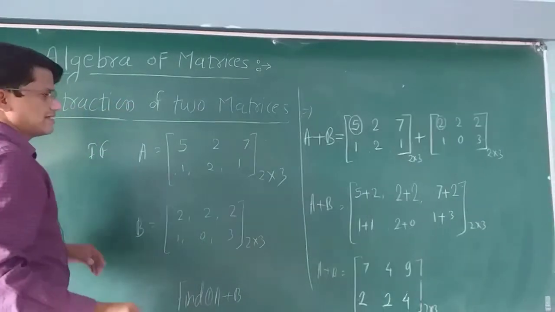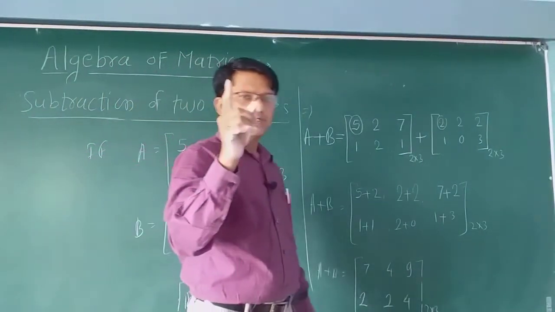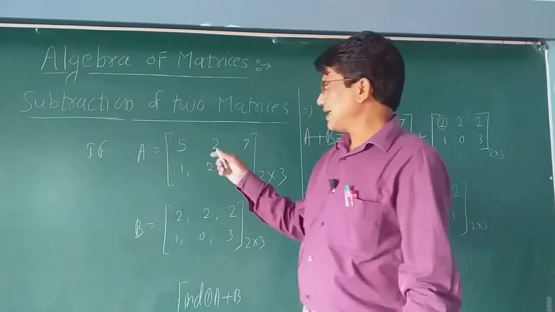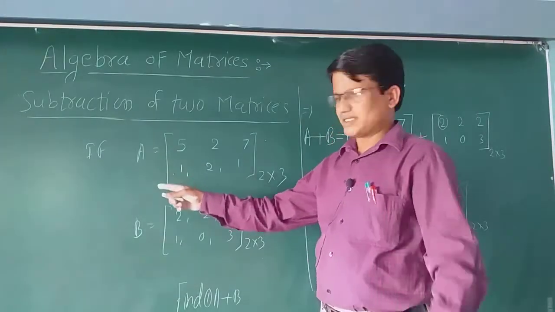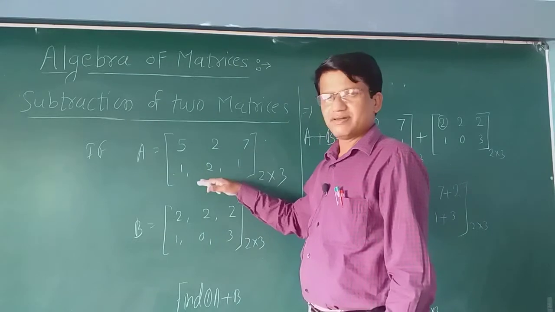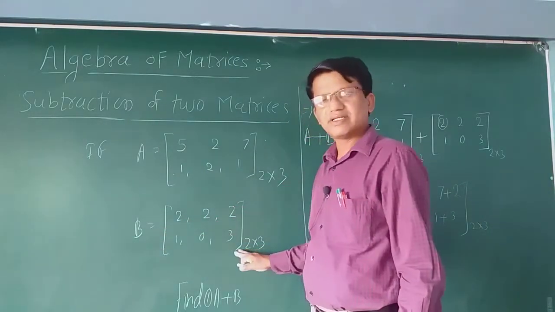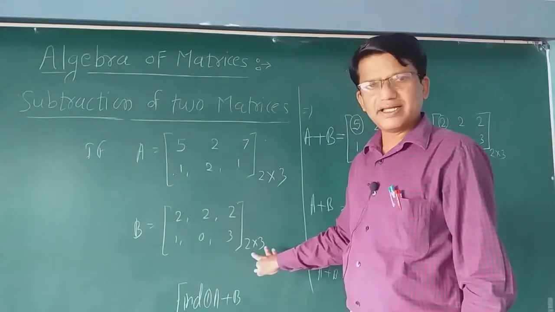Let us discuss subtraction of two matrices. In the same way, look here, I am taking the same example: matrix A, same matrix B, order 2 by 3 and order 2 by 3.